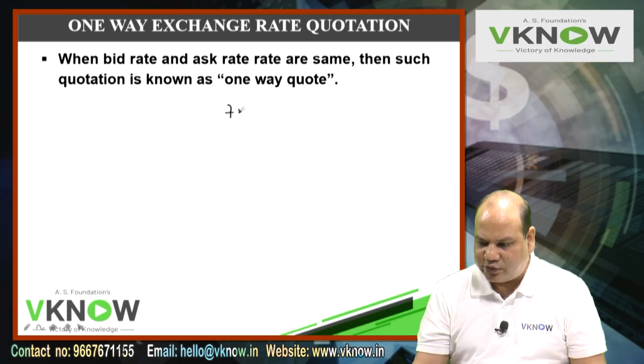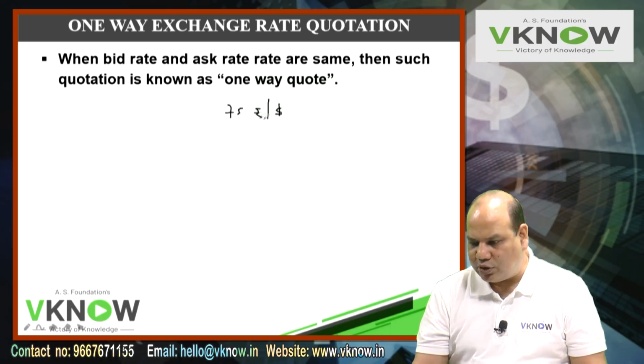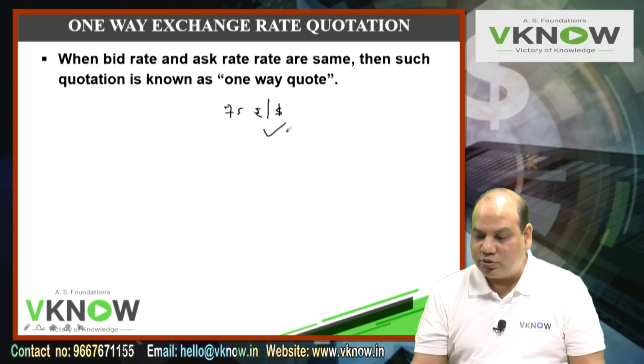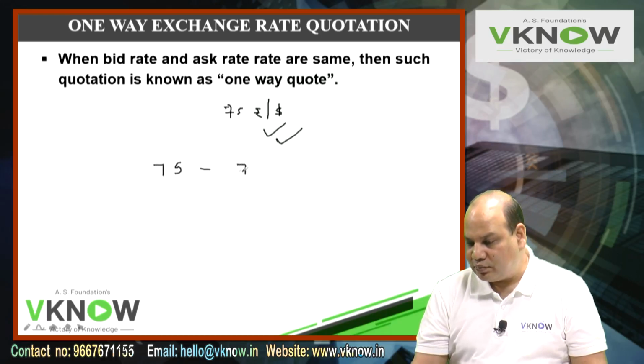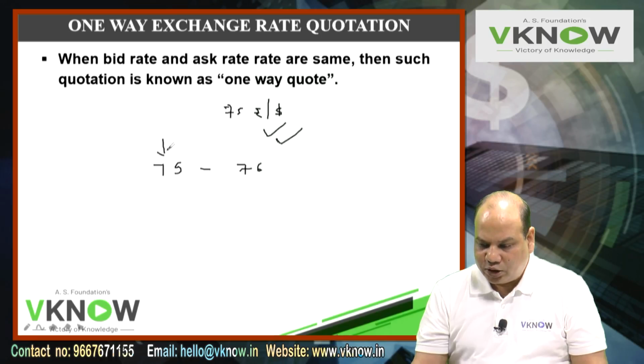Just like I have written 75 rupees per dollar, and the student is required to solve the problem. So he will use this as a bid rate also, and he will use it for ask rate purpose also. However, when two rates are given, 75, 76, then he has to be careful when to apply bid rate and when to apply ask rate.